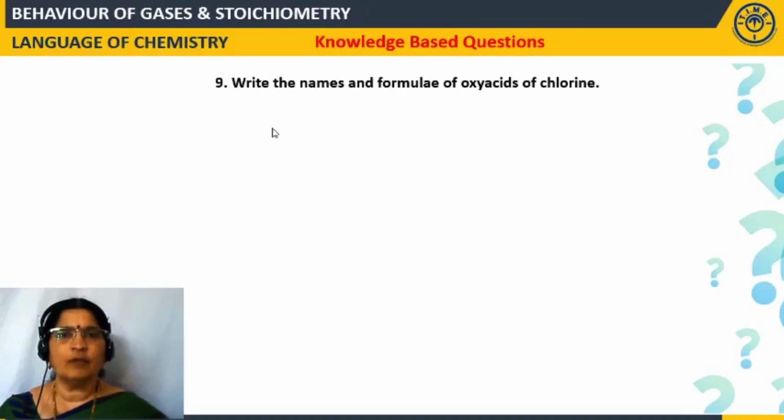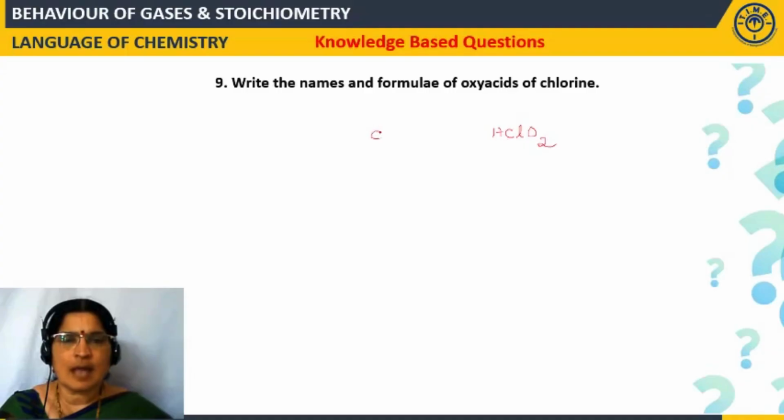Write the names and formulae of oxyacids of chlorine. So I have already told you that chlorine can form 4 oxyacids. HClO2 is chlorous acid. We have to write the names also. Chlorous acid. Then chloric acid, HClO3. Then hypochlorous acid.